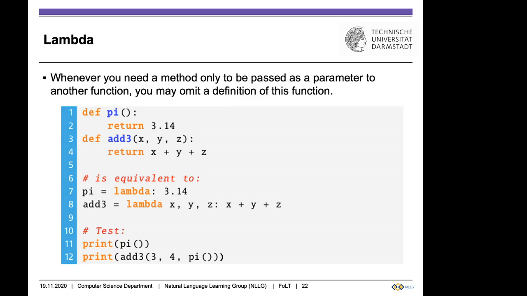For example, we have pi and addition functions, both of which have simple calculations, so we can make them into lambda functions. But be careful if we have functions that require a lot of calculations. For example, if you have to code many lines, then it's much more difficult to transform them to a lambda function.